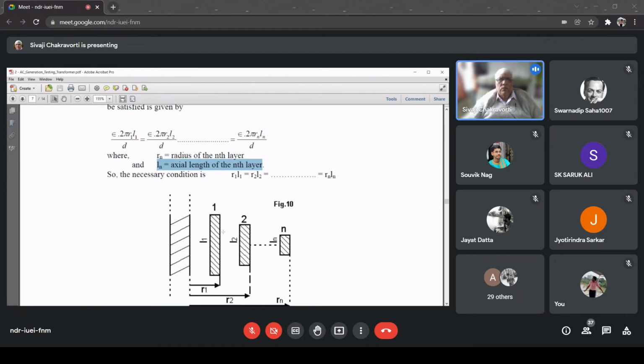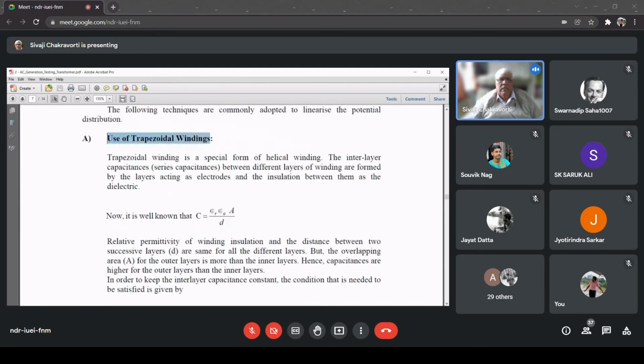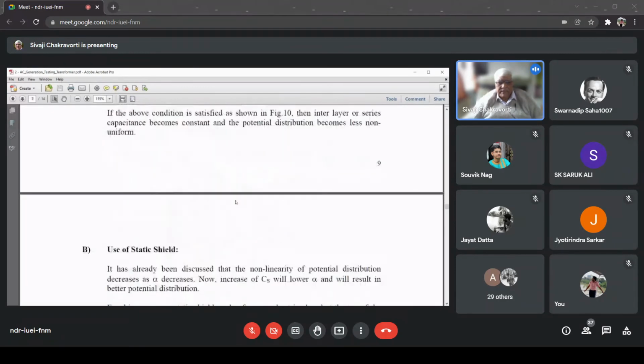So if we keep this R into L constant, then these expressions will more or less remain constant, and we might get values of C which are very close to each other. That is one way of designing. And since as R is increasing, L is decreasing, it quite obviously looks like a trapezoid. Therefore, these windings are called trapezoidal windings.